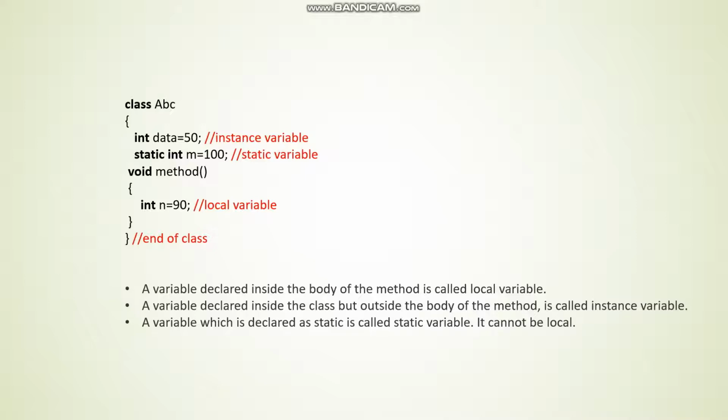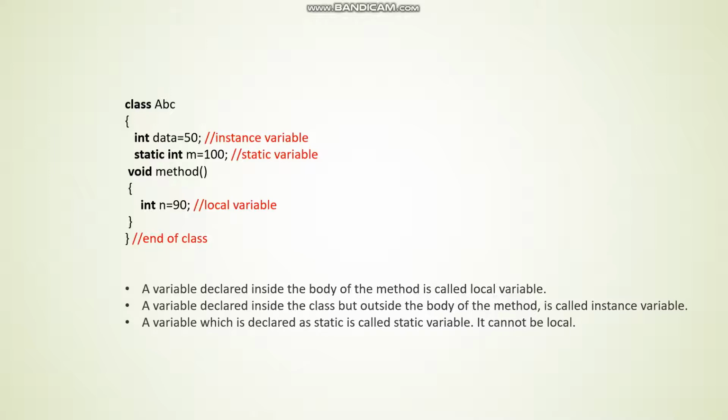In this example, see, a class has been declared and data types have been declared. See, int data equals 50. It is an instance variable, a variable declared inside the class but outside the body of a method. You will see here the body of the method, that is void method.